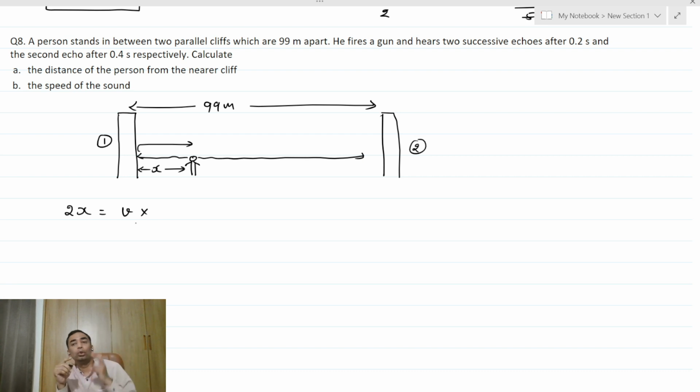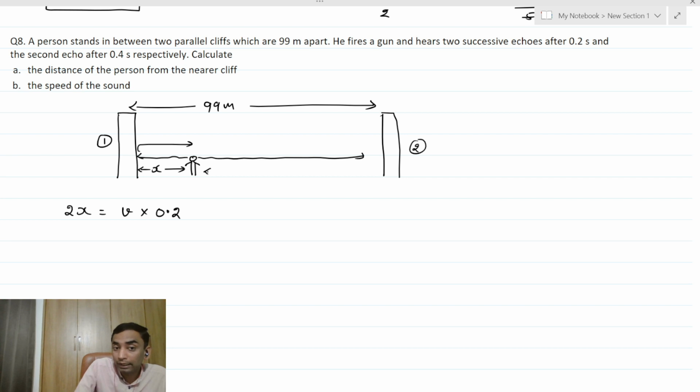Now he hears two echoes. The first one is at 0.2 and the other one is at 0.4 seconds. From this you should understand the person is not exactly in between, otherwise it would have taken the same time. So this is 0.2. Since hill number 1 is closer, the sound waves reflect faster and come back to him. So the time is 0.2 seconds.